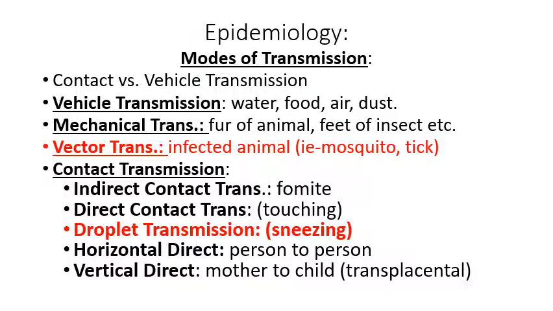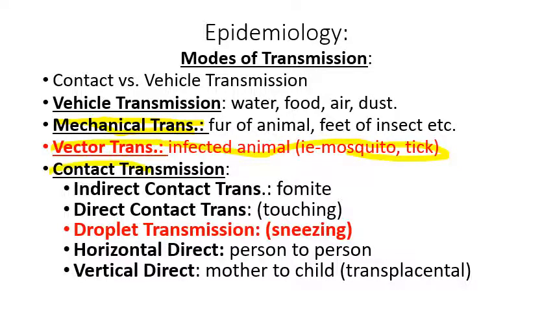Okay, so contact versus vehicle transmission. Vehicle transmission is where the disease is transmitted through water, food, air, or dust. Mechanical transmission can be where it is transmitted through the fur of an insect, carried on an insect's feet, for instance. Vector transmission, where you have biological vectors, we're talking about mosquitoes and ticks.